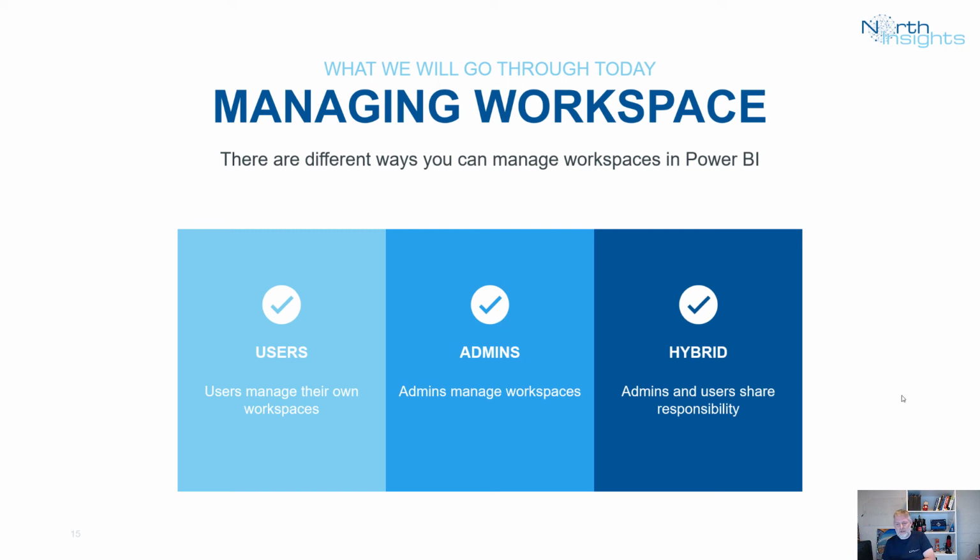And then you have the hybrid, which is probably one I see very often in larger organizations, where you have some kind of a managed process to create the workspaces, and then the admins or power users have some kind of responsibility to manage a part of the workspace, or even just co-manage everything together with the users. So the admins or the power users make sure that everything is done correctly, but the end users are normally the ones that are actually doing what needs to be done.